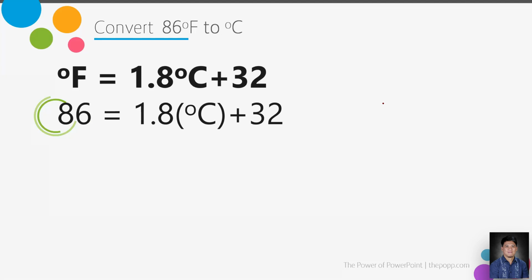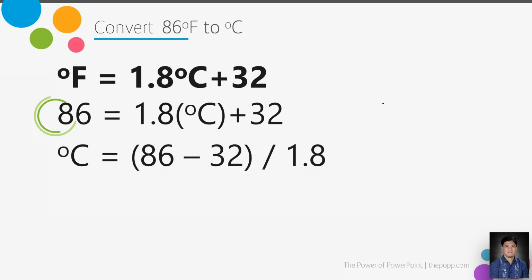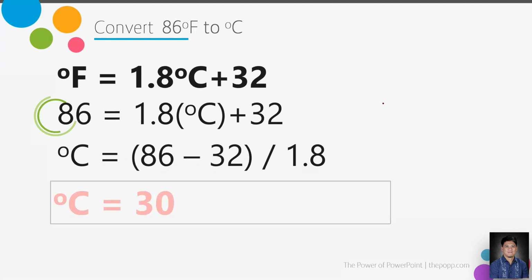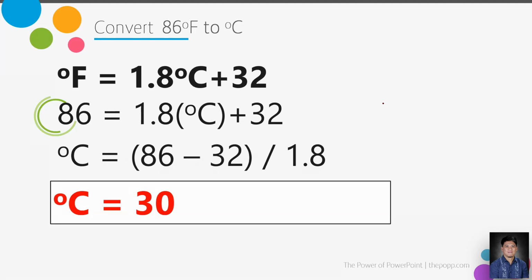That is 86 minus 32. And then divide both sides by 1.8. So it is now equal to 30. So 86 degrees Fahrenheit converted to degrees Celsius is equal to 30. Okay? So that is the conversion of unit from one scale to another scale.